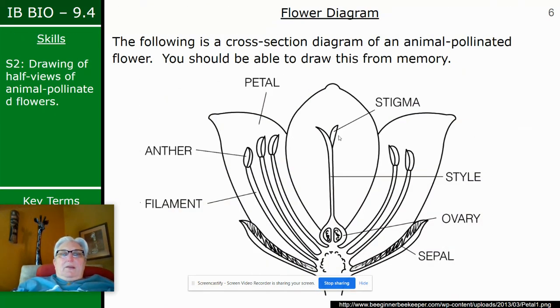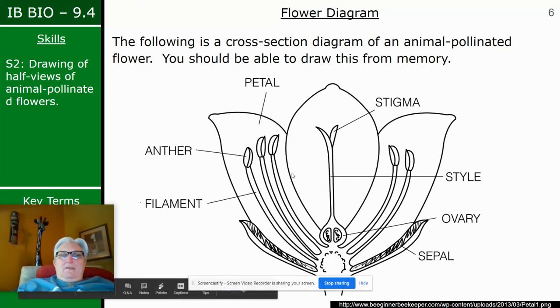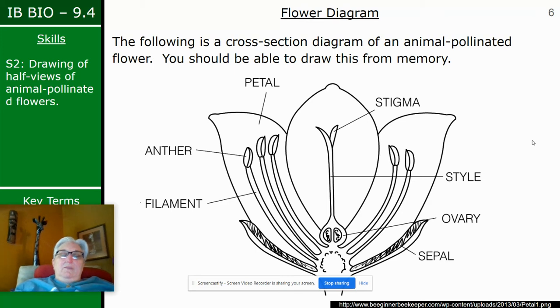Now here's the first part here, our diagram. And this is an important diagram. This is pieces that you will have to be able to draw, because drawing, of course, is one of our command terms, and the flower, just like this, is one of the things the IB will ask you to draw.